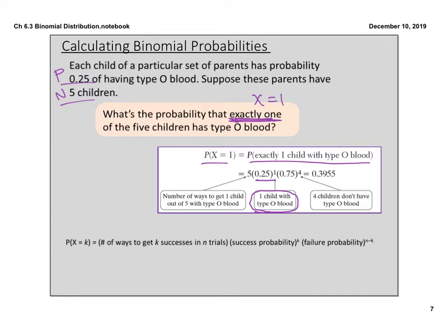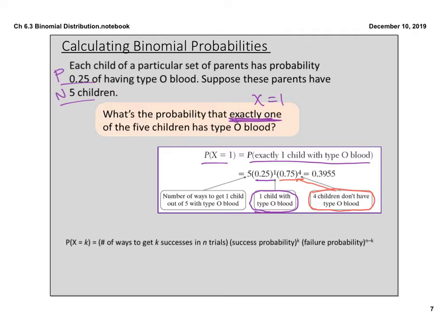You can't just factor in the successes, though. That's where it gets tricky. You have to factor in the successes and also factor in the failures. So the last part here is for children who do not have type O blood, and that is 0.75 raised to the fourth power.